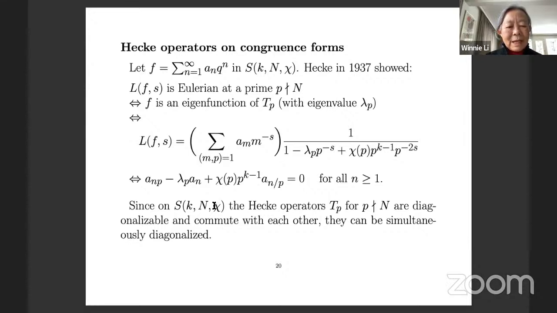So one can show that on the space S_k(n, chi), each Hecke operator is diagonalizable for p not dividing n, and they commute with each other. That means that they can be simultaneously diagonalized on this space.